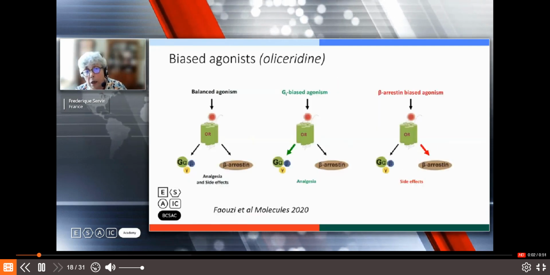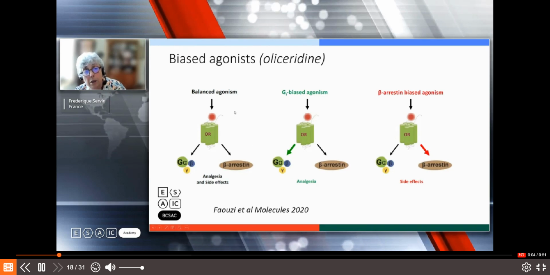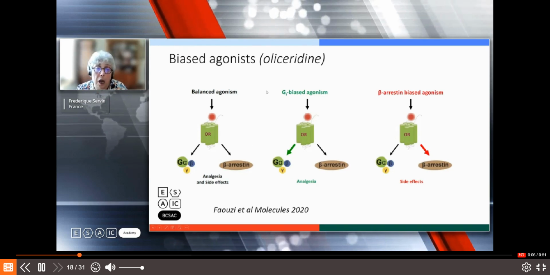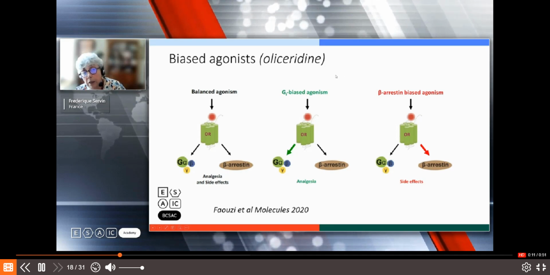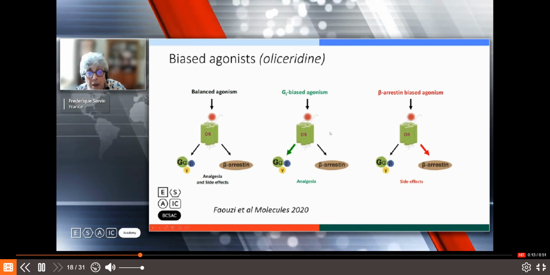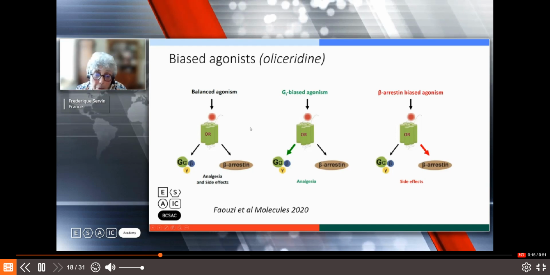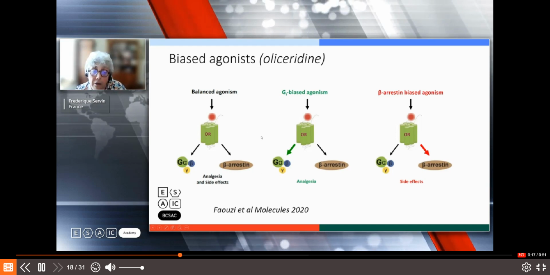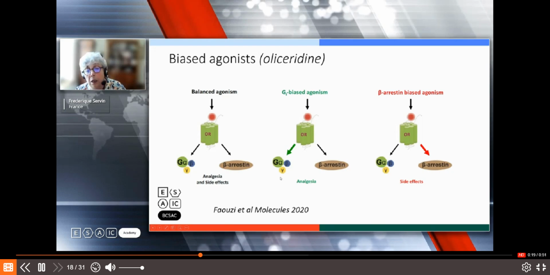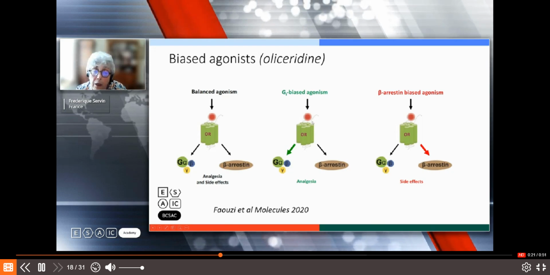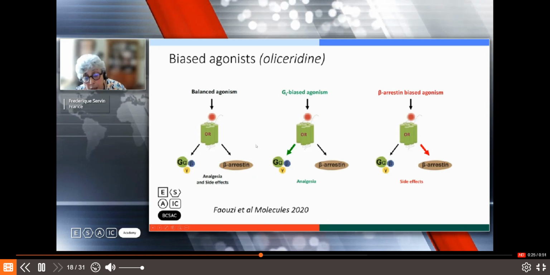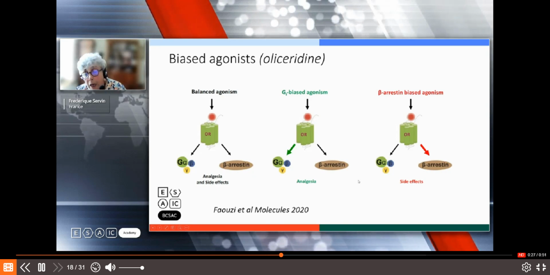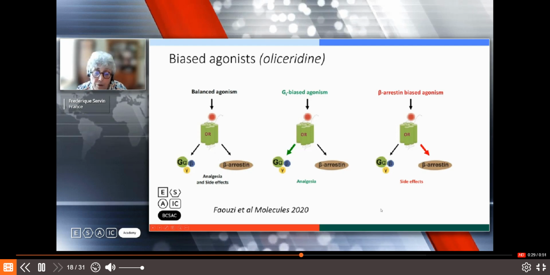So, researchers in molecular pharmacology are trying to create biased agonists, that's to say agonists which are more active on the G protein pathway than on the beta-arrestin pathway, hoping to get more analgesia and less unwanted effect.